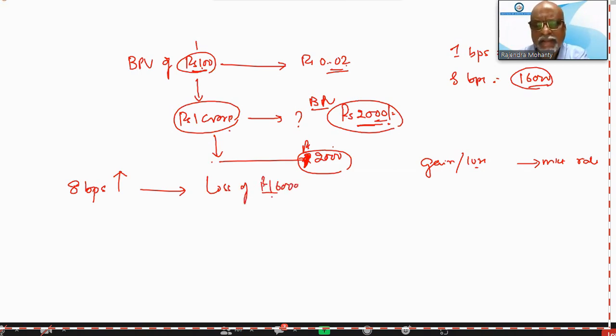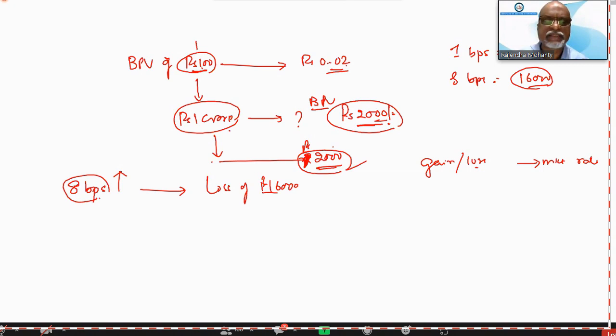Simple thing. BPV means the change in market value for a 1 basis point change. So 2000 means if the market changes by 1 basis point, this is the change.